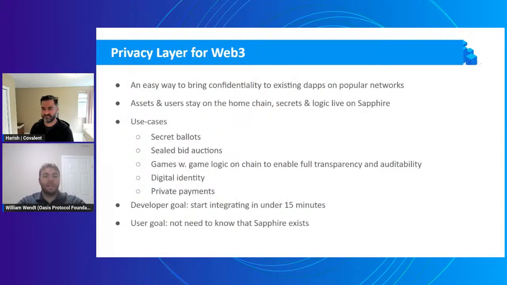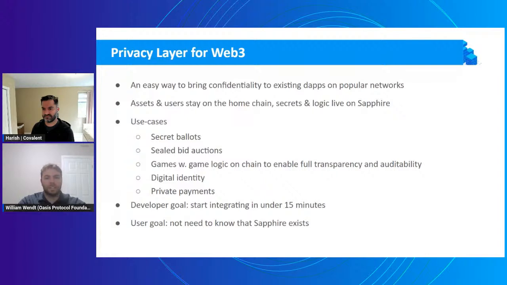So yeah, this brings us to this idea of a privacy layer for Web3. Basically, soon after launching Sapphire, we quickly figured out that we can probably offer a lot of these benefits to other networks as well, to other EVM compatible chains. And the features were not just siloed to the Sapphire ecosystem.